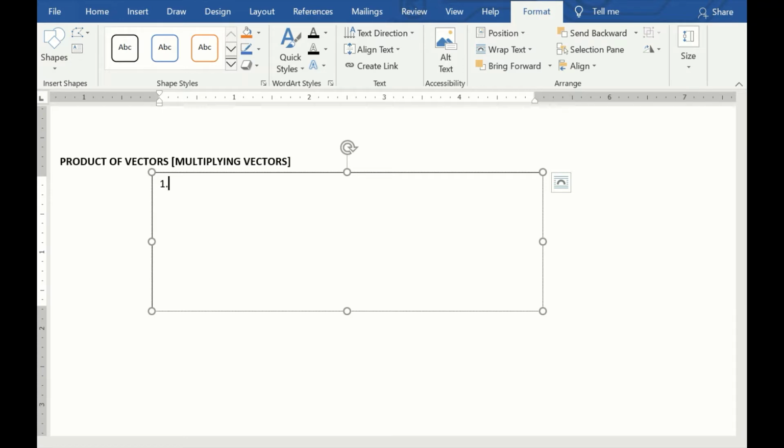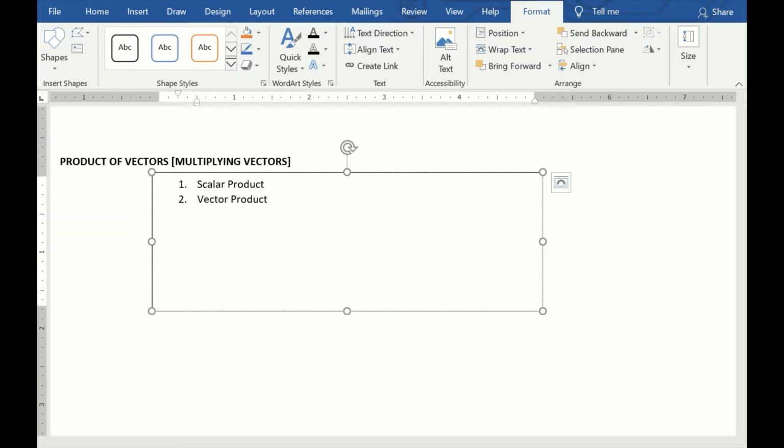Number one is called a scalar product, and number two is called a vector product. So what we shall be doing in the next few minutes will be scalar product and vector product.